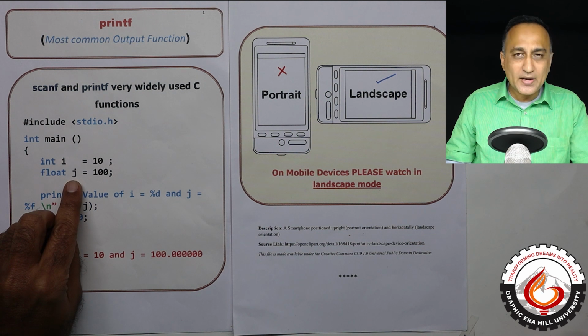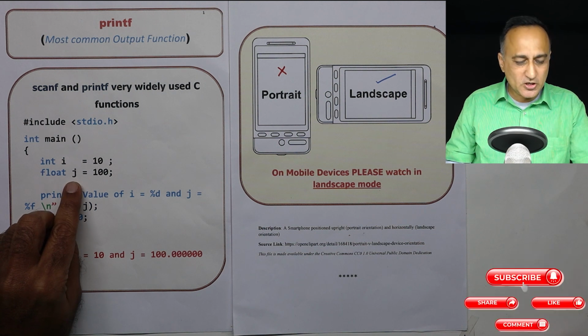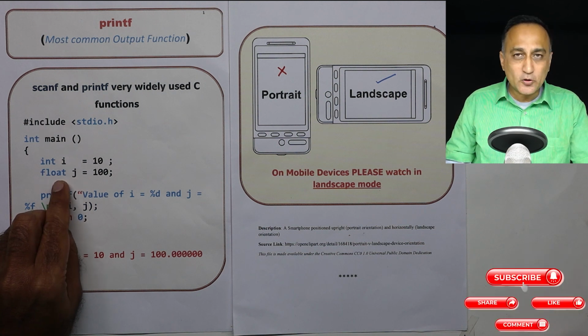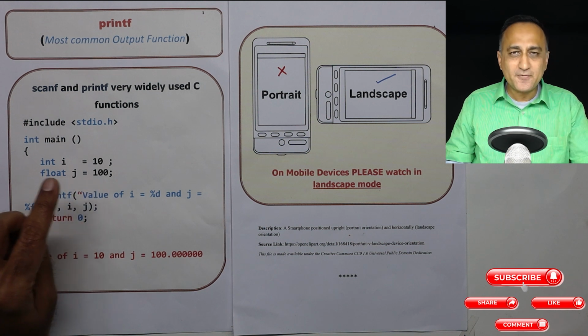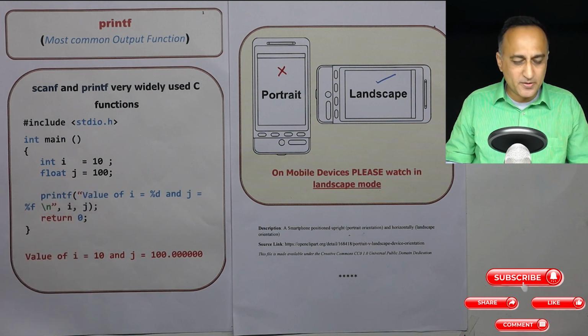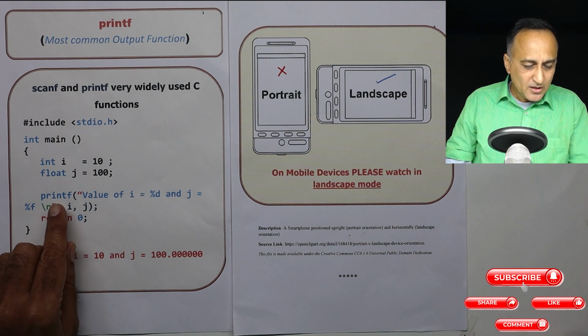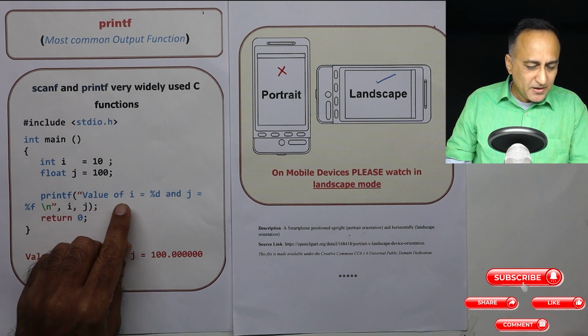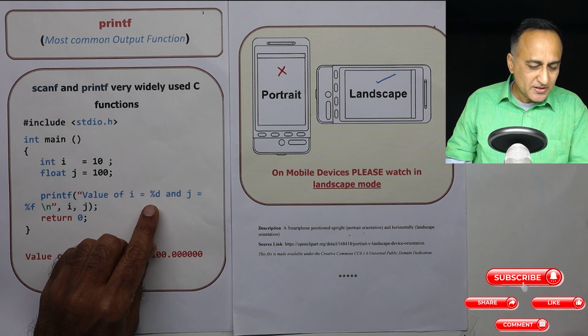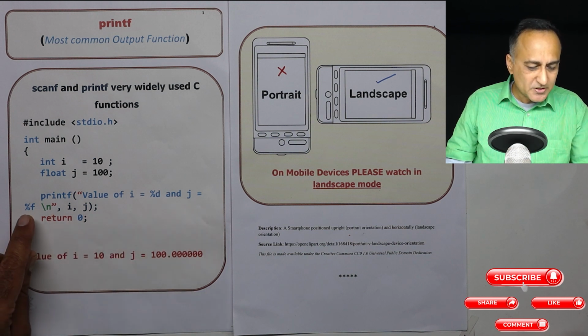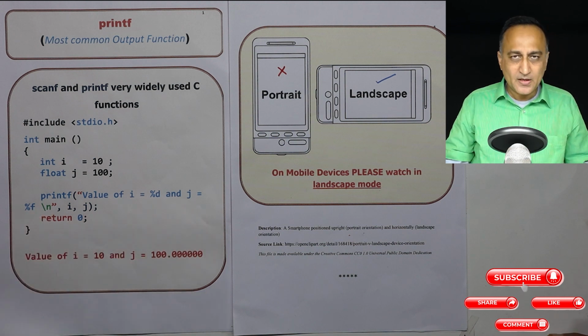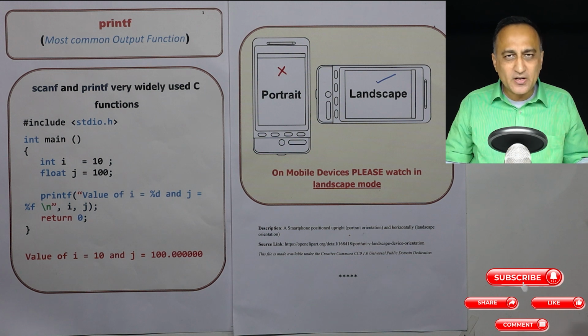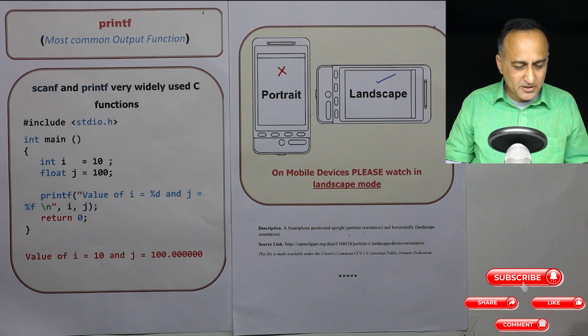I have declared a variable called j of the type float, or real number, which can contain fractions like 100.5, 100.6 and so on. Using printf, I am printing "value of i is equal to %d and j is equal to %f\n". We'll try to explain each and every point of this printf over the next 5 or 6 minutes.